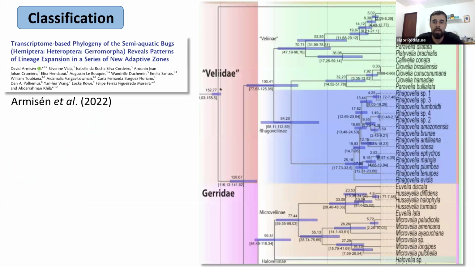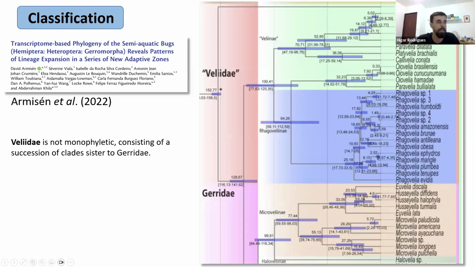More recently, Armisén et al. proposed a transcriptome-based phylogeny for Gerromorpha, and also could not recover Veliidae as a monophyletic family, consisting of successions of clades sister to Gerridae. In this study, the authors allocated the subfamilies Microveliinae and Haloveliinae within the family Gerridae. So Veliidae is not monophyletic.